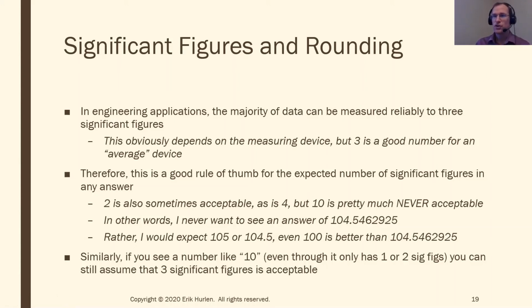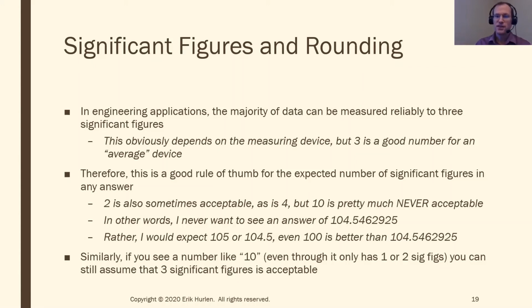In general, you can measure something to 3, maybe 4 decimal places. And so in terms of any number you submit as an answer, it should have roughly 3 significant figures. 3 is a really good number to have. 2 is fine. 4 is not bad. But 10, don't do it.